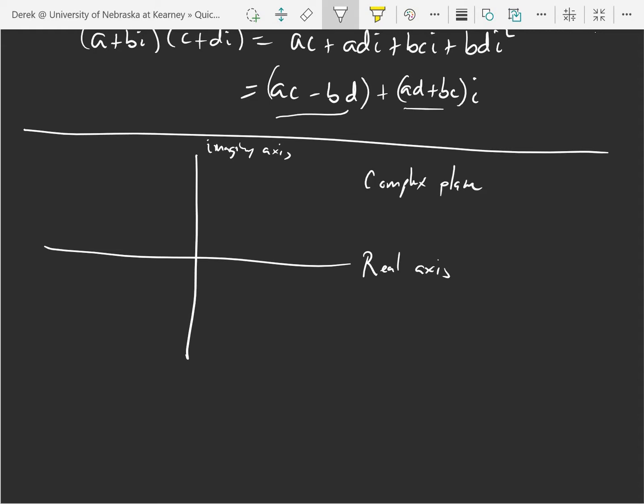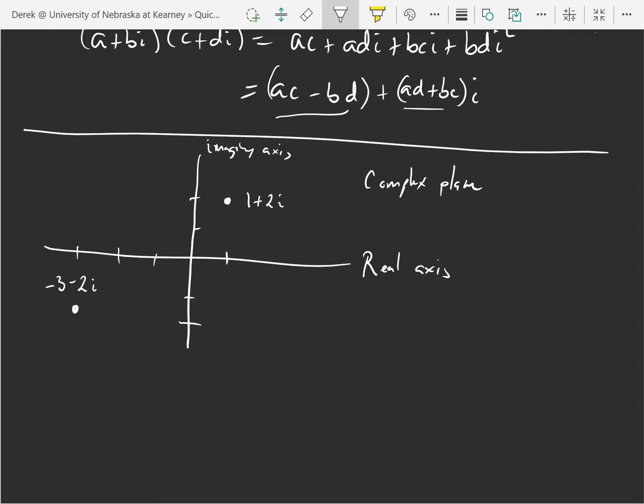And we can put a plus bi, say 1 plus 2i, in here by going 1 in the real direction and 2 in the imaginary direction. So this point right here would be 1 plus 2i. Maybe this guy down here would be, say, -3 minus 2i, and so on. We can plot points in the complex plane this way.